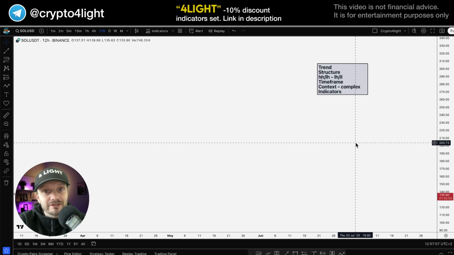You don't need to build such complicated strategies, or draw a lot of complicated lines and marks. What does it mean? If you don't understand what's going on in general, in the complex, and if you don't understand the context of what's going on now on the chart, no strategy or concept can help you.